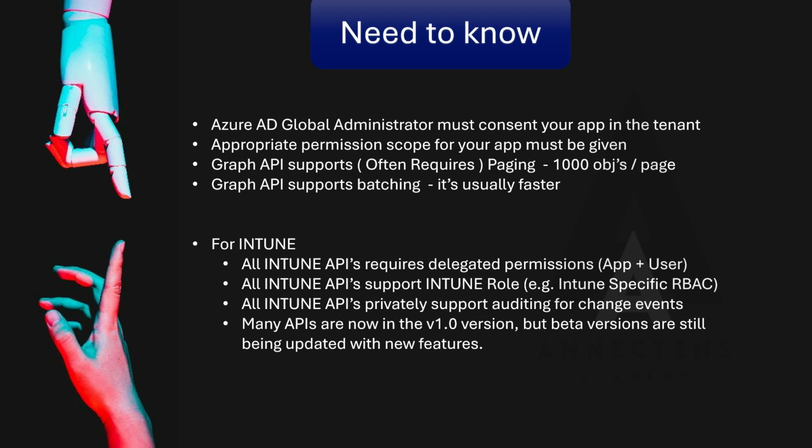Whenever you run any query, the results come in JSON format, and the JSON result comes with a particular paging navigation, like we can set it to 1000 objects per page. Then the Graph API supports batching. If you want to run multiple commands in one batch and execute them in a faster way, of course, you can do it.